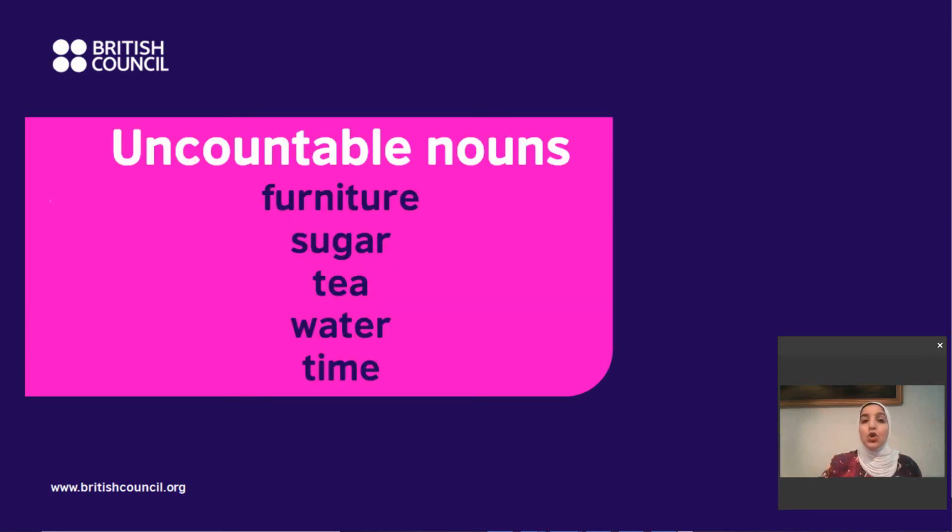So these are called uncountable nouns. These are some examples of uncountable nouns: furniture, sugar, tea, water, time. All these are nouns that I cannot count. I cannot say one time, two times, or one water, two waters, three waters, and so on.